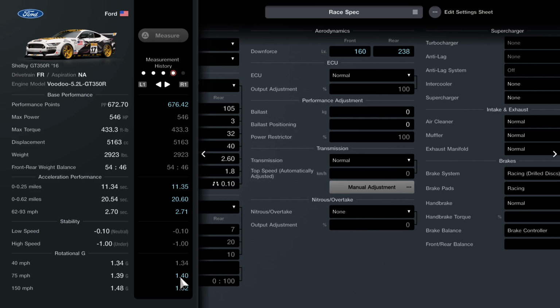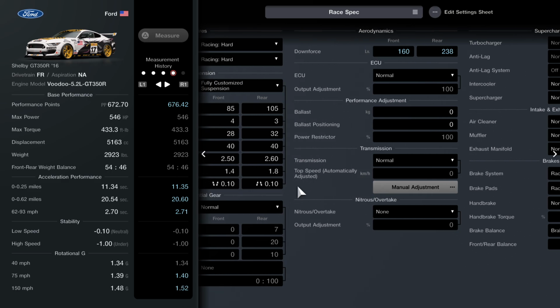I mean, these values also mean, in terms of lateral grip, yeah, it's good. But we're losing acceleration. We're gaining performance points, but it's referring to how it handles in corners, which is the idea. But we also don't want to lose this. Okay? Rotational and all of that, it's coming from mechanical grip. So we can just leave that set to its minimum.